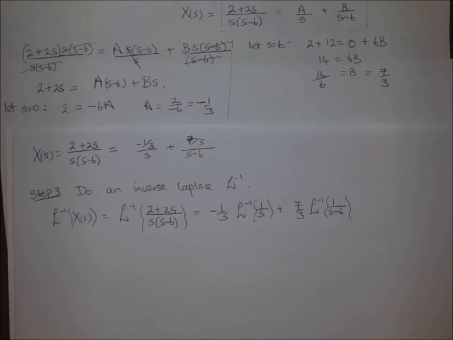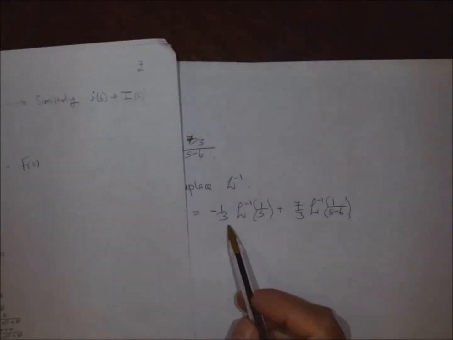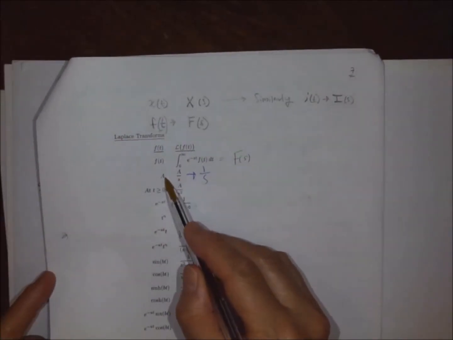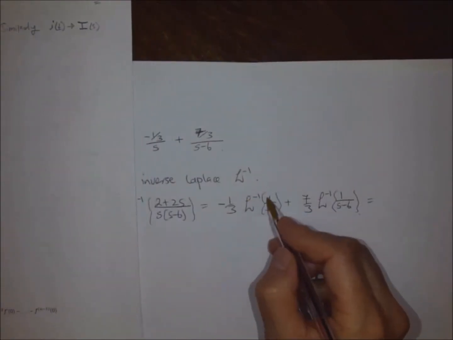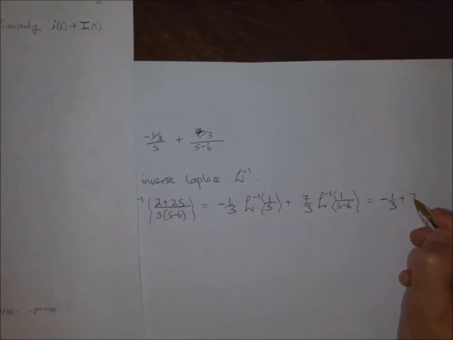So now finally we have a look at the tables, and we can see that 1 over s on the tables would be A over s, which will give us A, which is just 1. So that just becomes 1, and that becomes just minus 1/3, plus 7 over 3.